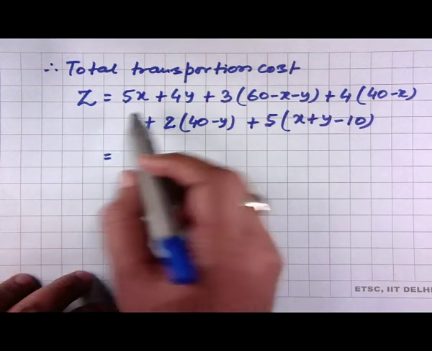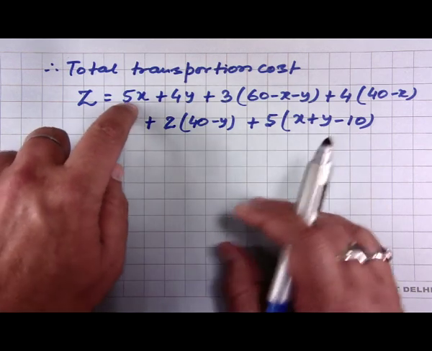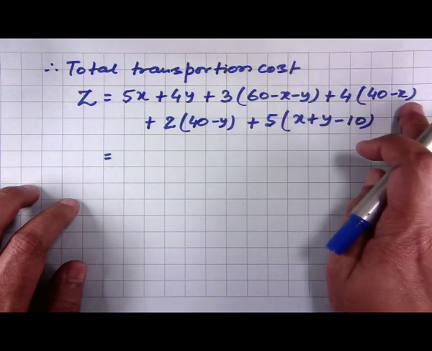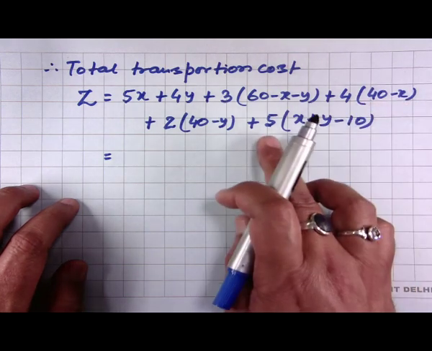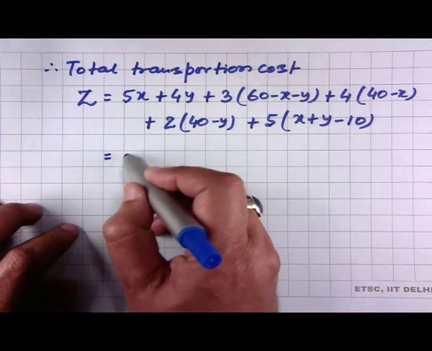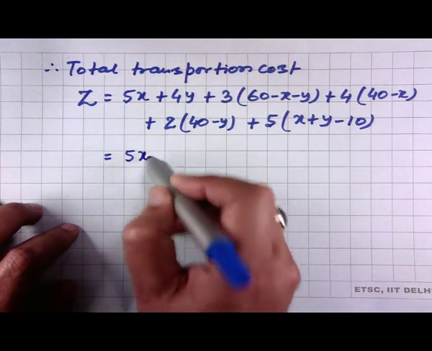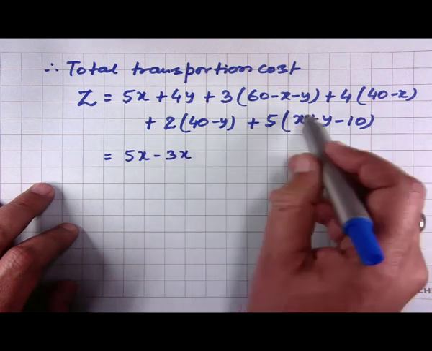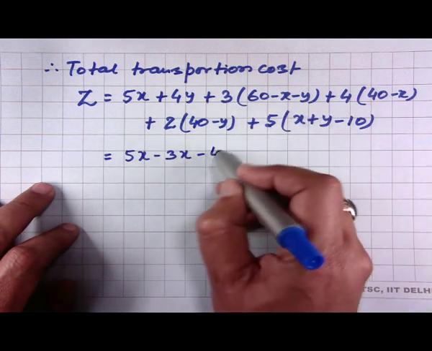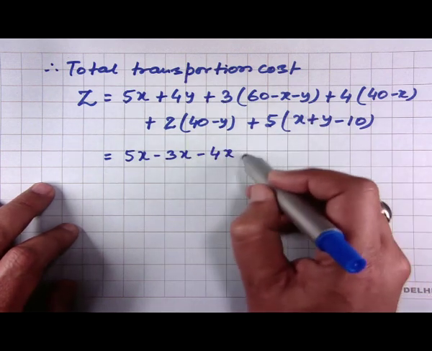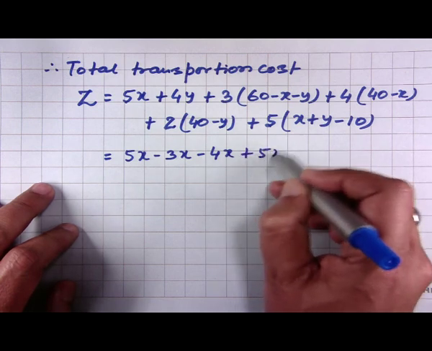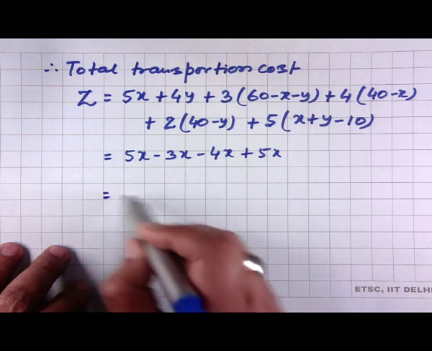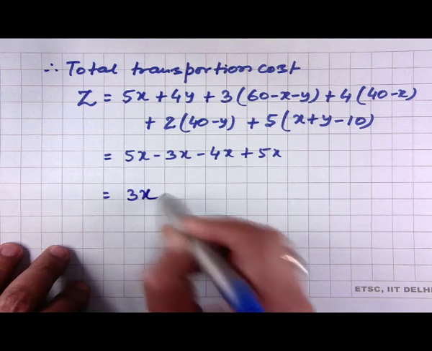After simplification, for x: 5x minus 3x minus 4x plus 5x gives 3x.